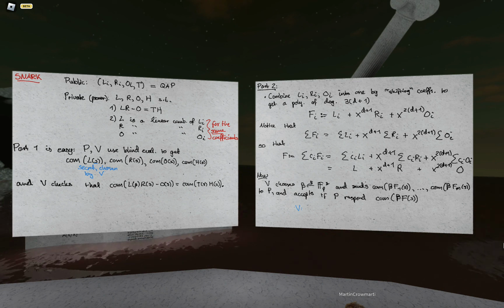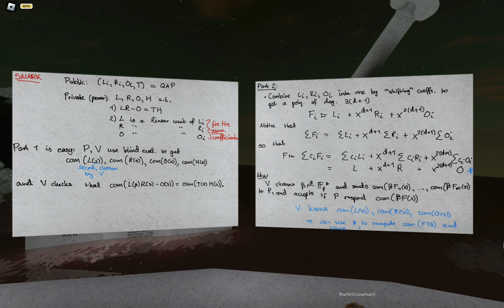The verifier knows, from the first step, a commitment to L of s, R of s, and O of s. So it can use star to compute a commitment to f of s, and thus a commitment to beta f of s, because it knows beta. That's it, that's the proof.